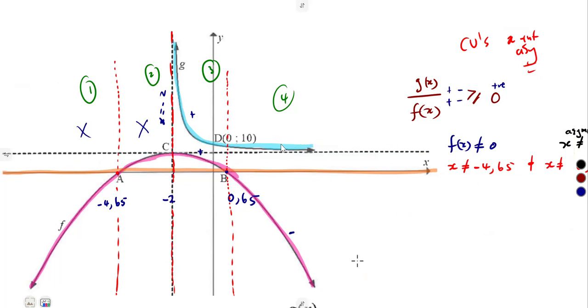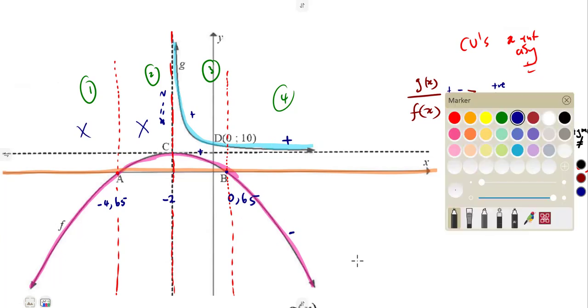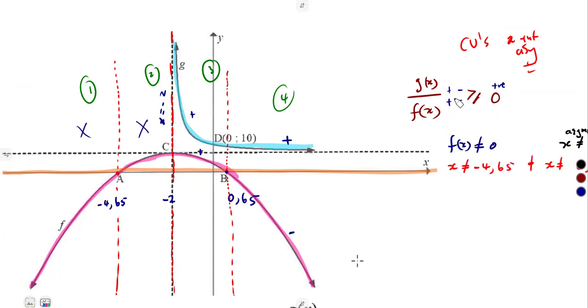It's going to be forever positive. So from 0.65, G is positive, whereas F is negative. Our condition here is we need where both are positive or negative.